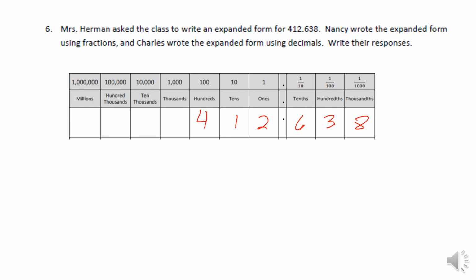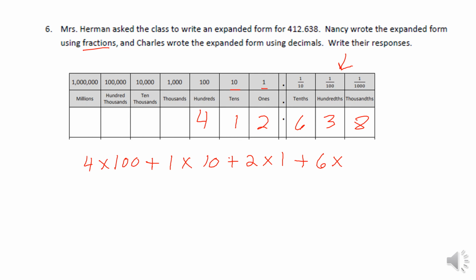Now, first one, I'm going to write the expanded form using fractions. And that's specifically talking about our decimal fractions on the end here. So I'm going to start off with 4 times 100 plus 1 times the tens place, plus 2 times, and that's in the ones place, plus 6 times.